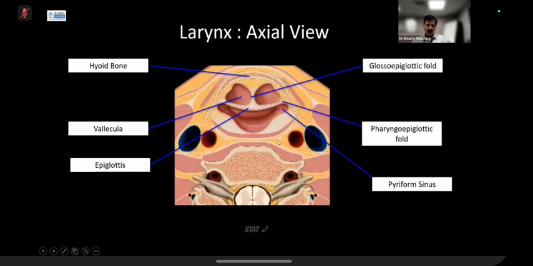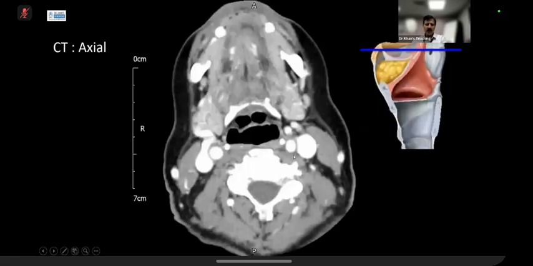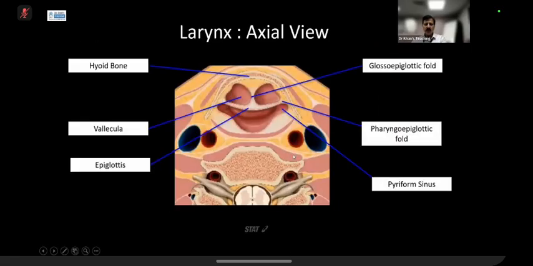Okay, now I'm going through a series of images, and these are the key images where I will show you an axial diagram followed by a CT scan. So, axial diagram followed by a CT scan.